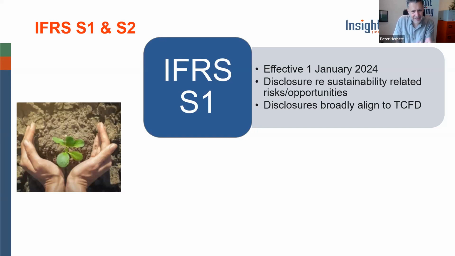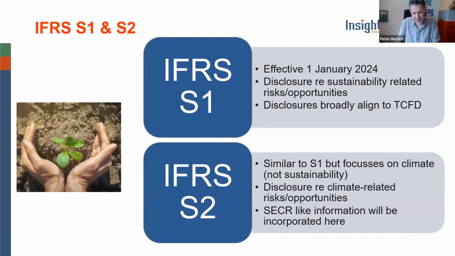And again, the access to that particular resource and risks around being able to tap into it, again, could be a different sort of risk you might talk about within your narrative based on S1. And if you do identify any relevant risks that do require disclosure, then the way that's explained broadly aligns to the TCFD requirements that we saw briefly there on the previous slide.